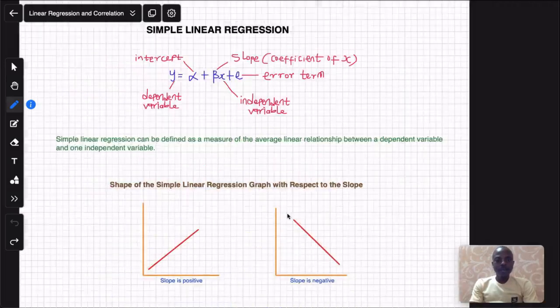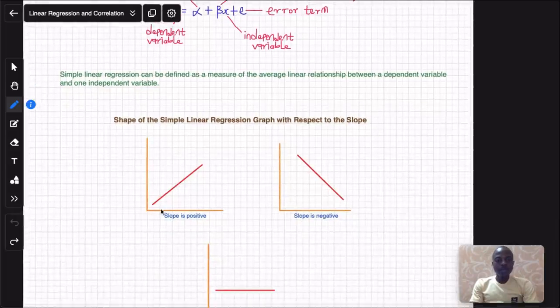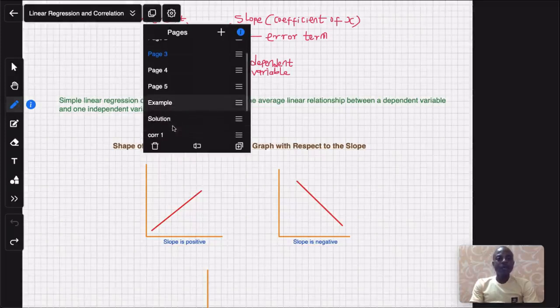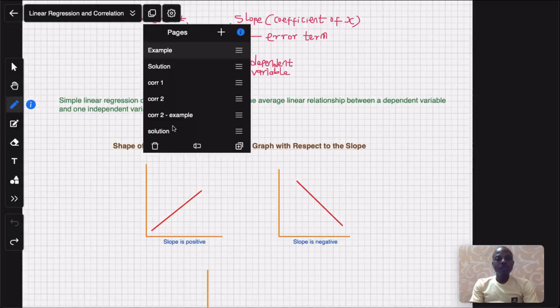All right. So we could have slope is positive, slope is negative. In this case, although we may not look at the regression line, we have a coefficient by which we can measure relationships.